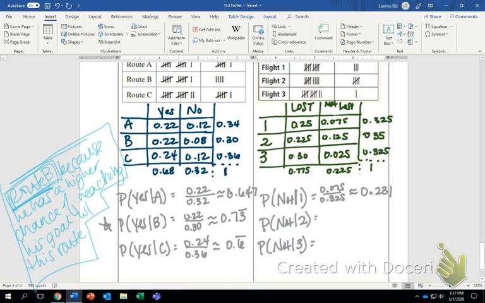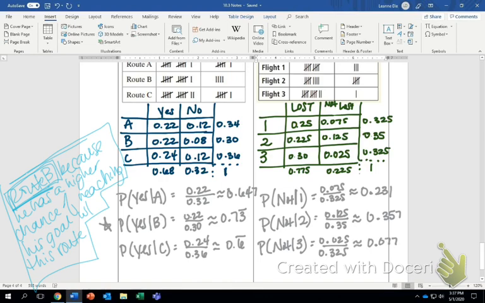Not losing luggage given flight 2 is going to be 0.125 over our total information for flight 2, which is 0.35, which is going to be approximately 0.357. And then finally, our last one is going to be 0.025 over our total flight 3 information, which is 0.325. That is going to be approximately 0.077.